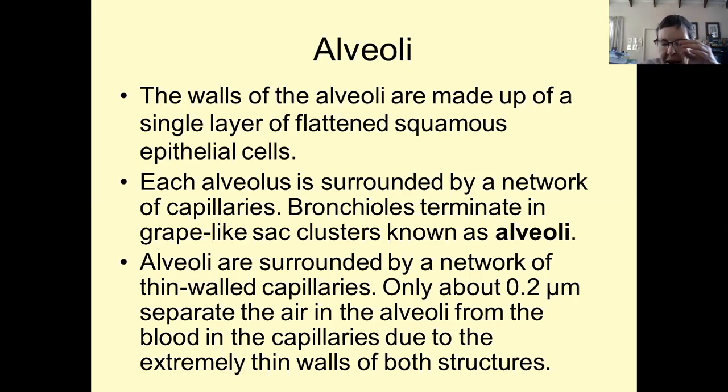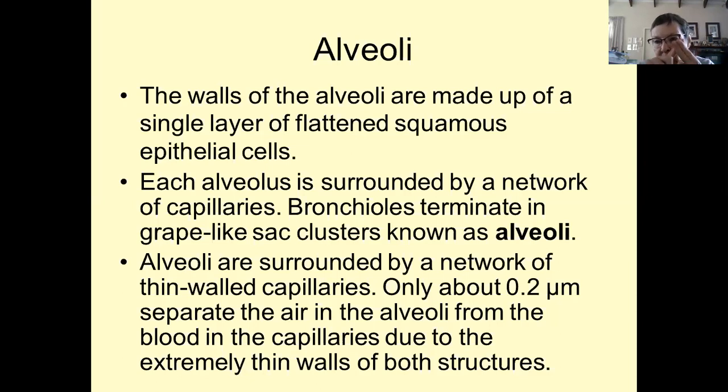And so between the air in the alveolus and the blood in the capillary surrounding the alveolus, there is a single layer of squamous epithelium from the alveolus wall and a single layer of squamous epithelium from the wall of the blood capillary.